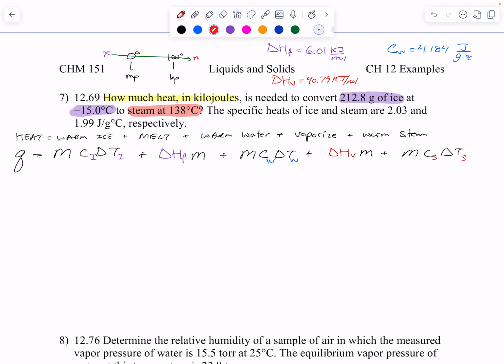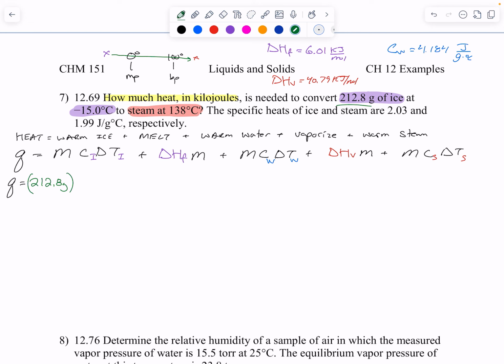All right, so I've got my variables. I think we can plug in numbers now. Q, overall heat. The mass is the same for everybody, right? 218 grams of ice, or sorry, that's not right. How about this: 212.8 grams.